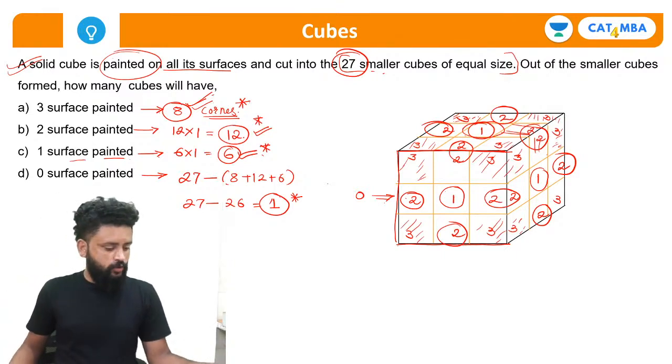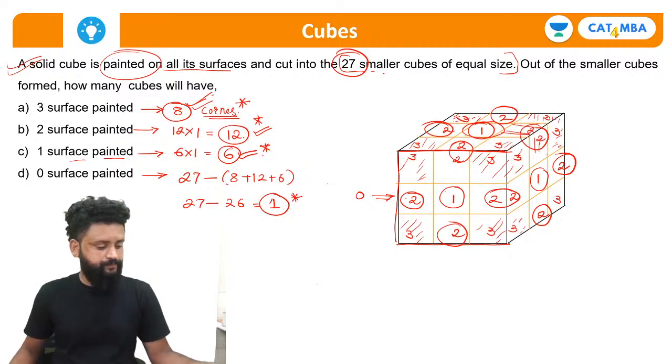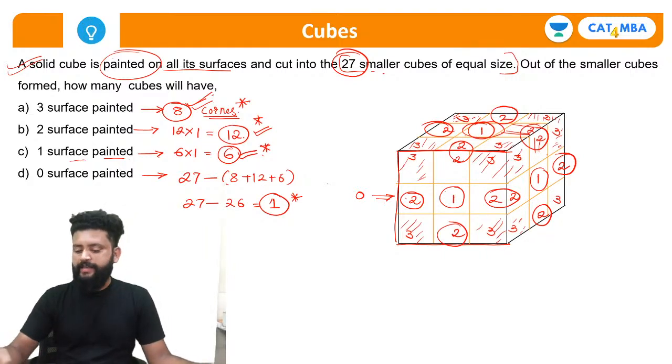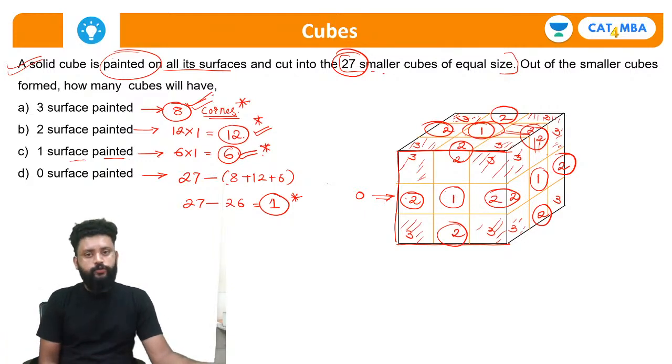Okay, no issue guys. So for the next question, I'll give you 2 minutes to solve, and you need to answer all the questions on your own within 2 minutes. You'll get a set of 4 questions for the next question as well.